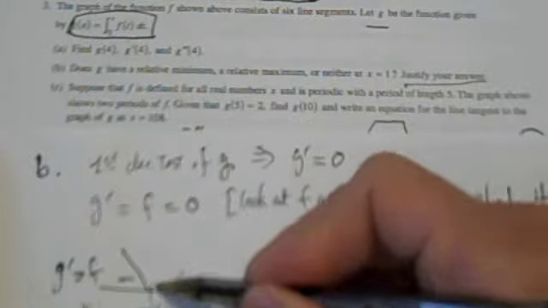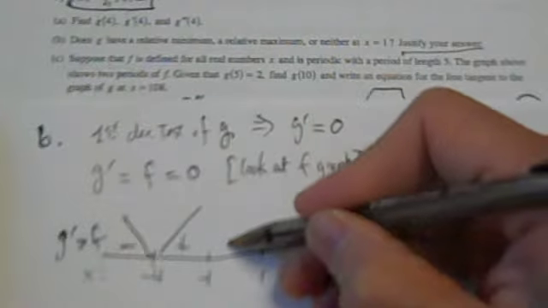Between -4 and -1, let's pick, say, -3. So at -3, f is a positive value, so it goes up. Between -1 and 1, pick 0. If we look at 0, we get a negative value, so the graph goes down.